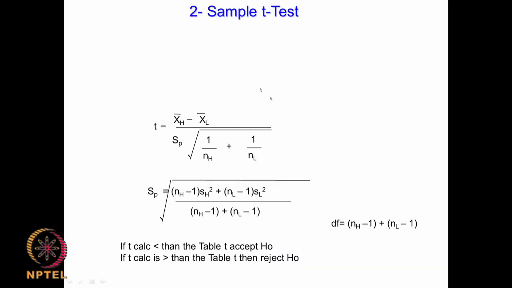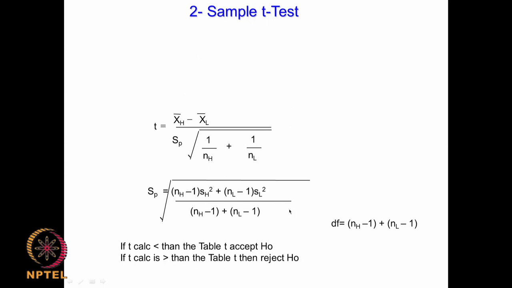So, we have to use this equation to calculate t, and then compare it with the table t. If this t is less than the table t, we accept H naught for 95% confidence, that is P equal to 0.05 one tail test. If the t calculated here is greater than table t, then you reject the H naught.